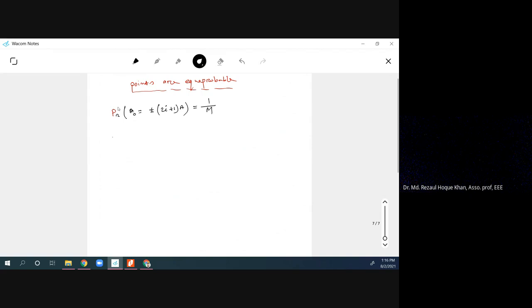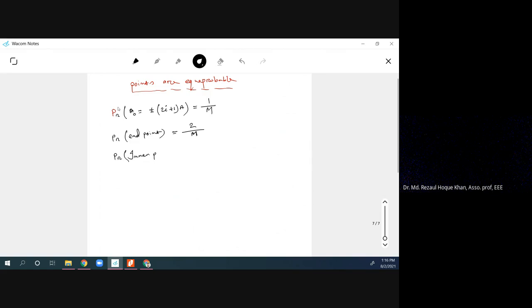What is the probability of an end point? We know there are only 2 end points. So the probability of an end point is 2 by m, isn't it? So what is the probability of an inner point?